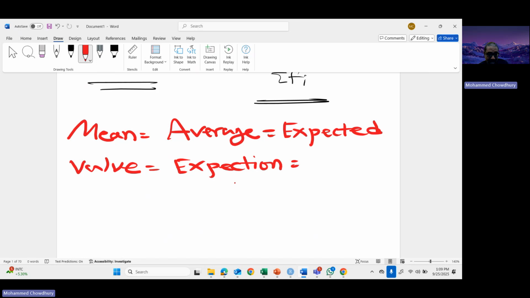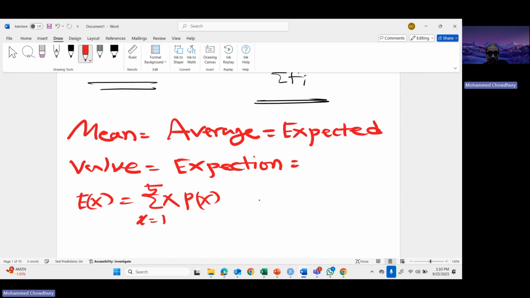Now, what is the formula? The formula for mathematical expectation: the expected value of x is computed by the sum of x times p of x. X takes values 1 to 5, right?